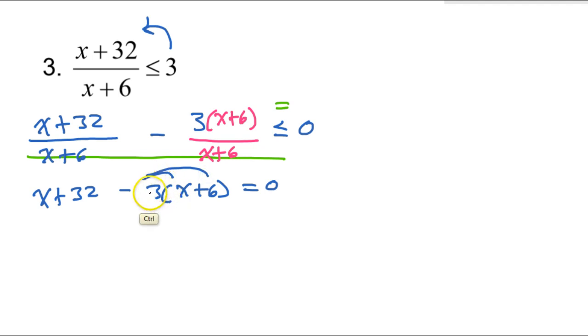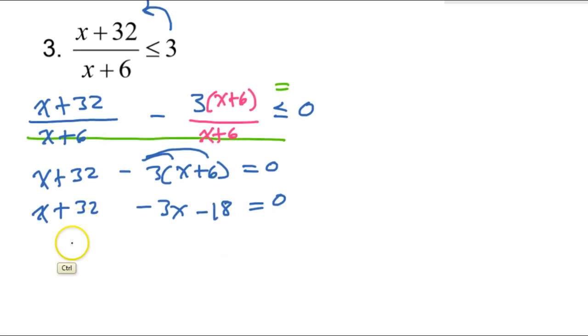Now be careful when you distribute this. It looks like a 3. This is really a -3. So that's what I have to distribute. So I'm going to have x plus 32, but then I'll have minus 3x minus 18. A common mistake is to put positive 18 right here, but -3 times 6 is -18.